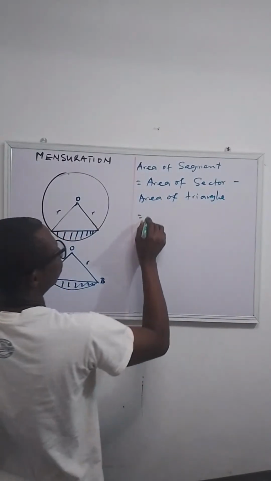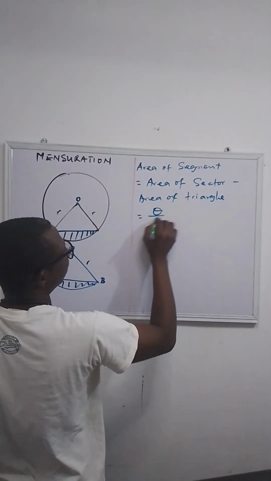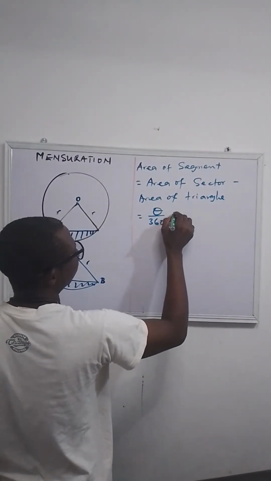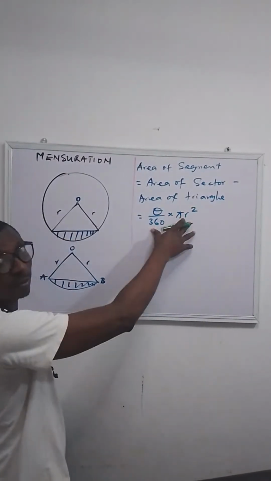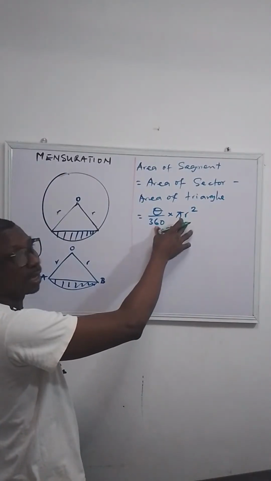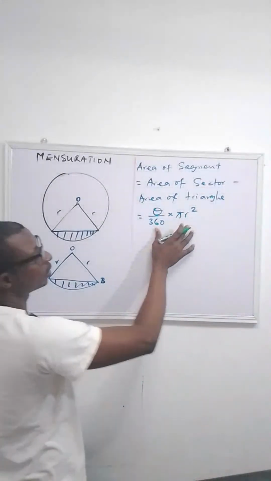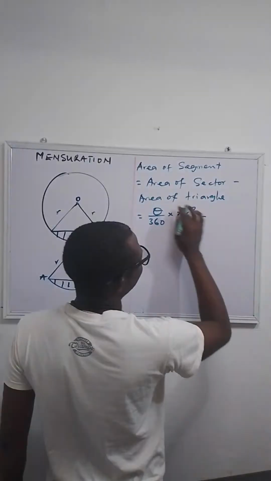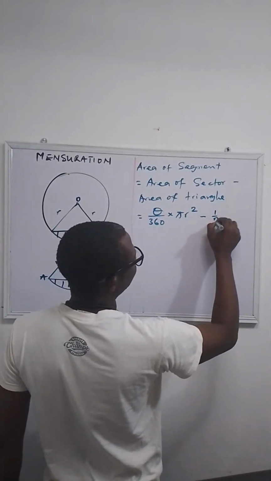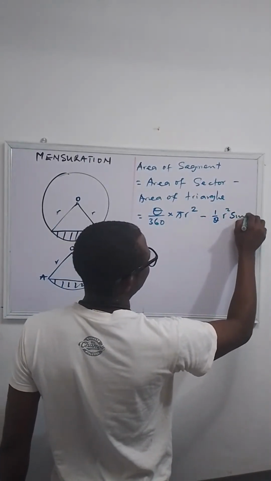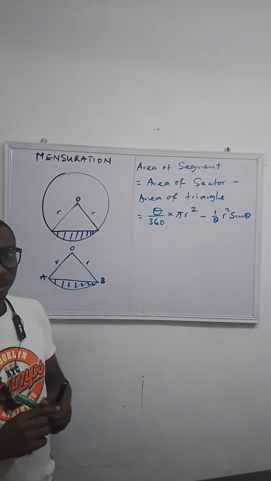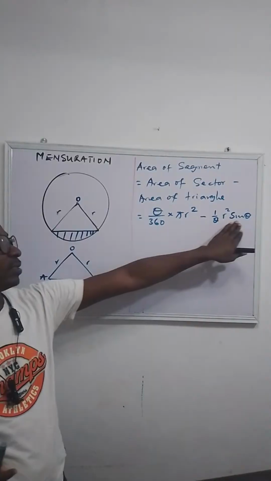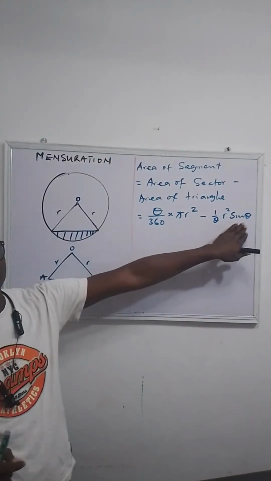So that gives us theta over 360 times pi r squared. Don't forget, this is the formula for finding the area of the sector. I hope you have that in your jotter. So minus area of triangle, half r squared sine theta. This is the formula for finding the area of the segment. Don't forget, this is the formula for finding the area of a triangle.